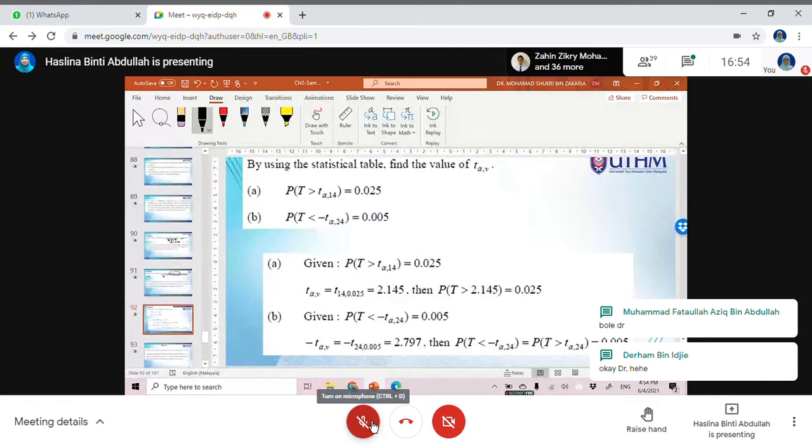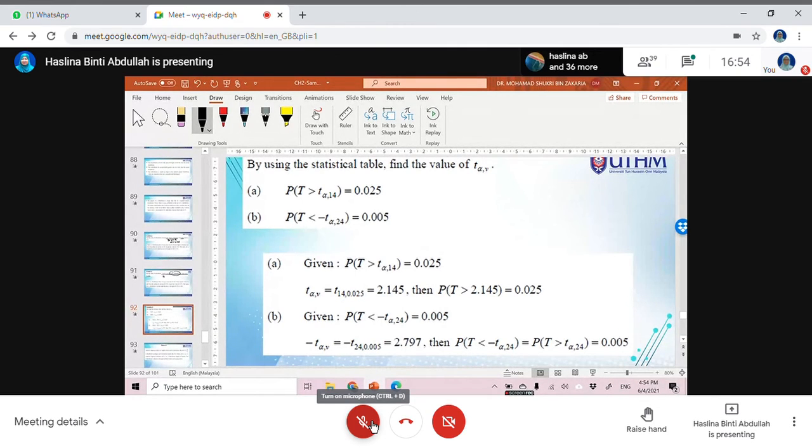Okay, by using the statistical table, find the value of this one, 0.0025. Find the value of the T distribution for A. Khairul Afif. Ya, doktor.